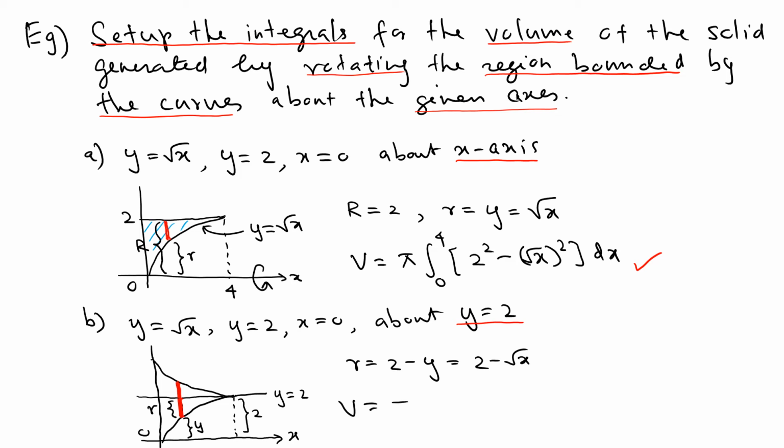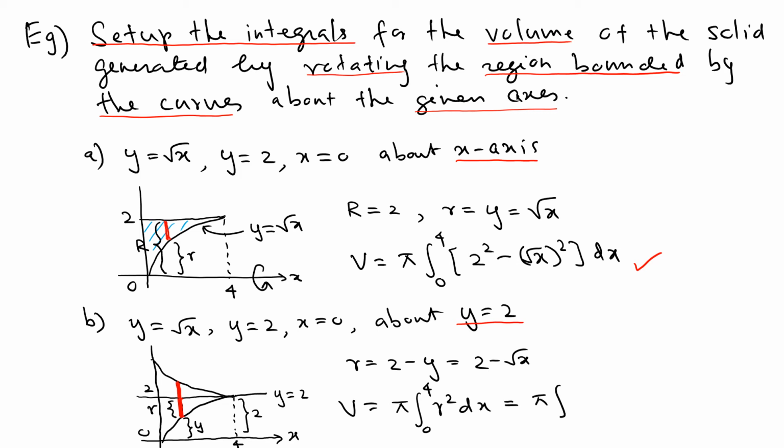So it is pi. It's a dx problem because the small thin disk moves in the x direction, cut in the x direction. So it is going from 0 to 4 again. And then it is radius squared dx.